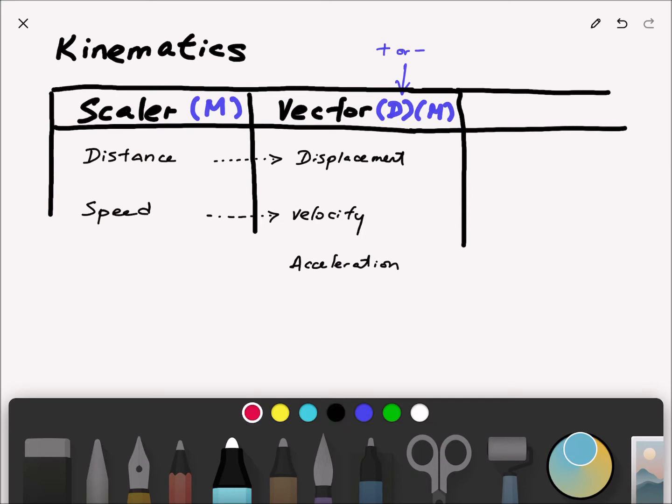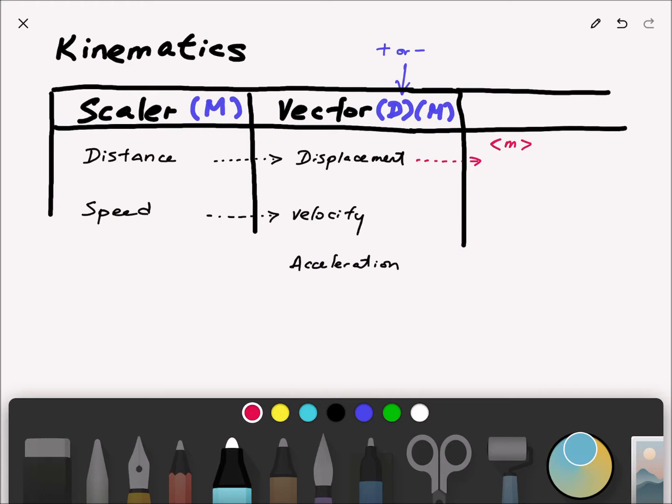Now some of you may be asking me, okay, so what is displacement? Displacement is still measured in meters, like your length or your distance. It's just that it will have positive and negative. For example, if I have a starting point here, or maybe I draw in the center, that is easier.